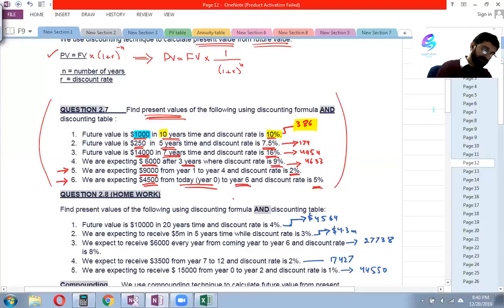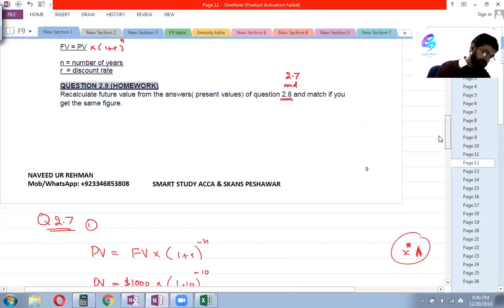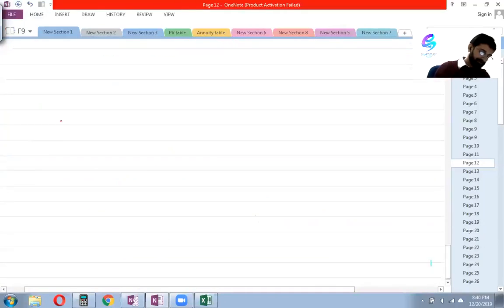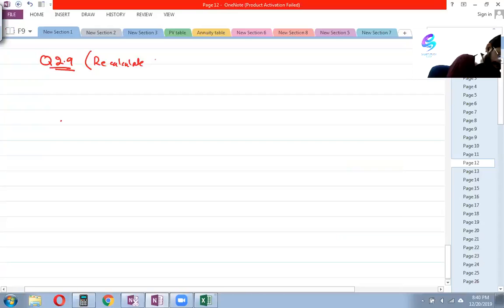Right? So I'll do the first one, question 2.9, which is recalculate question 2.7, number 1. So the formula is, now we have to calculate the future value.